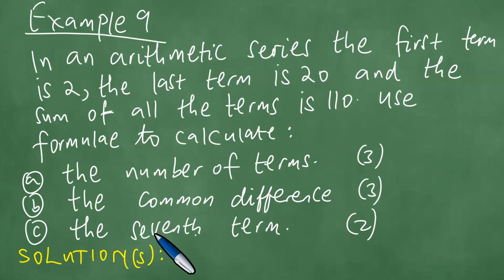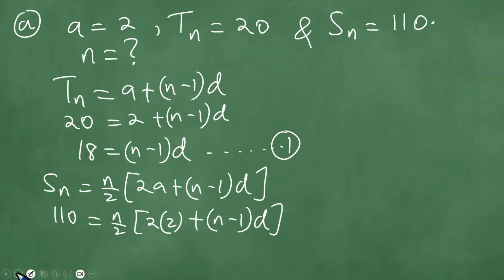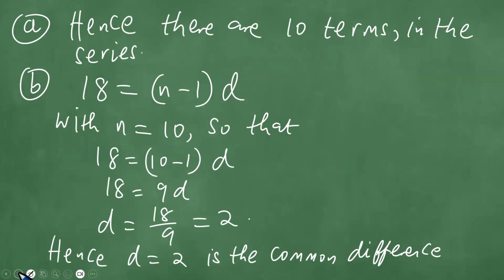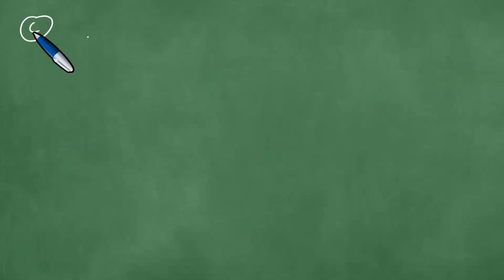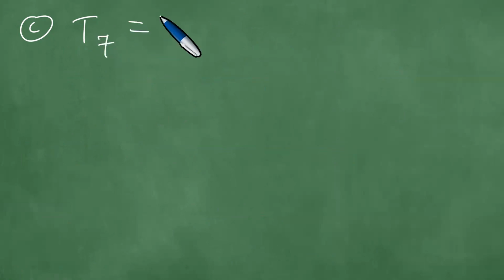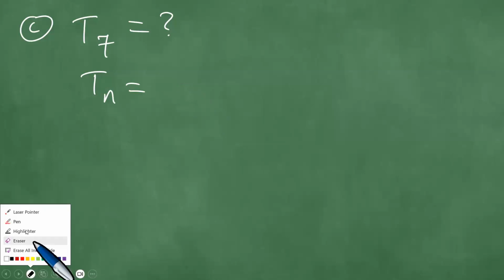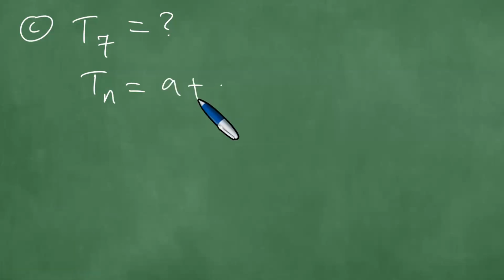Now we just need the 7th term. What is the 7th term? Term number 7, what is it? So now to get the 7th term in part C, let's call it T sub 7, which is equal to a plus n minus 1 into d.